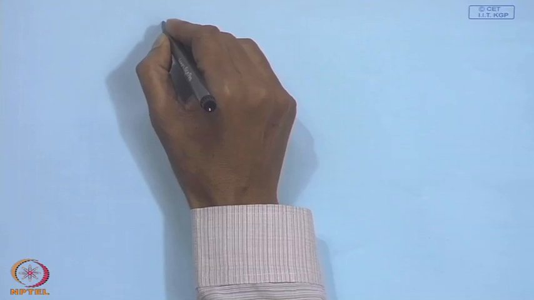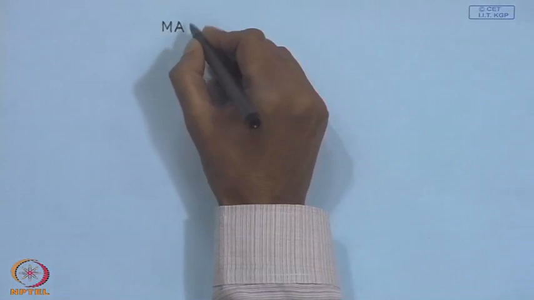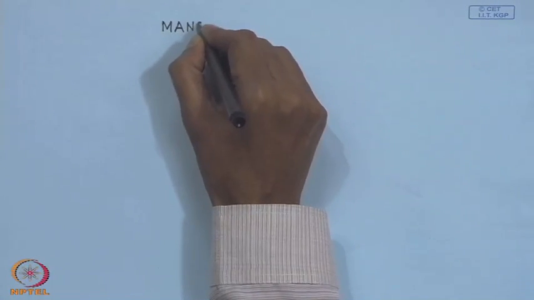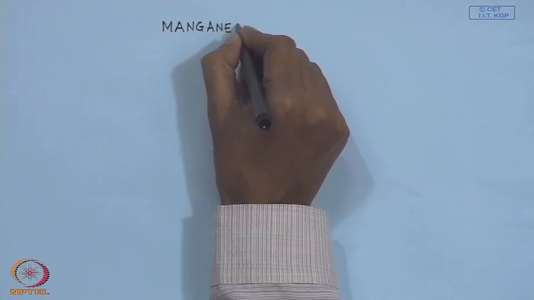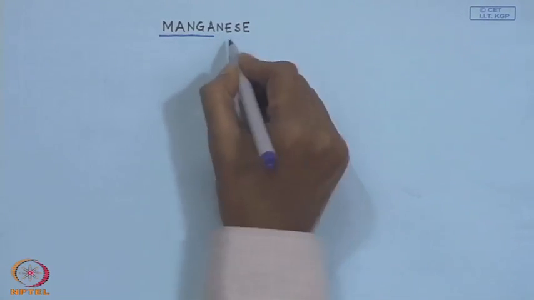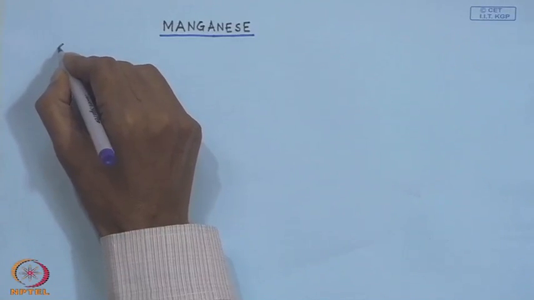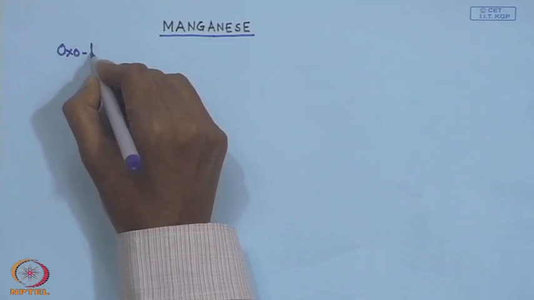So, we are still continuing with manganese. Today we will see some more examples. This manganese we have identified when it is present as an oxo-hydroxo cluster.